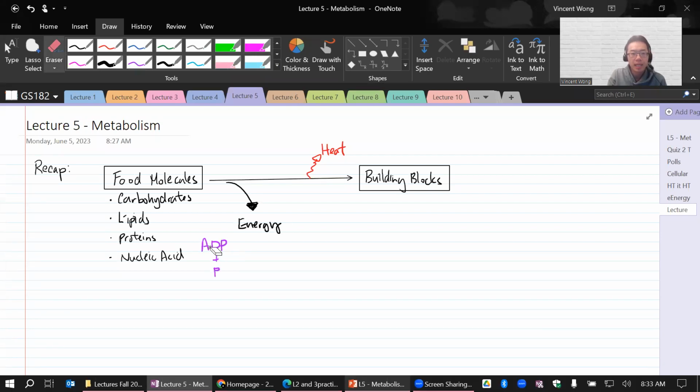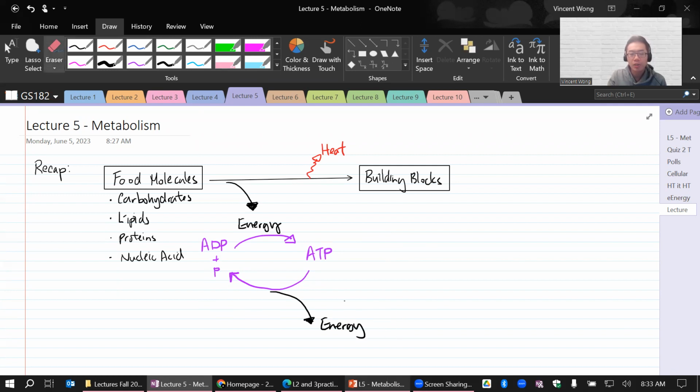So adenosine diphosphate plus a phosphate would absorb that energy, and then it becomes ATP. Okay. So this ATP can go back to ADP and release the energy.